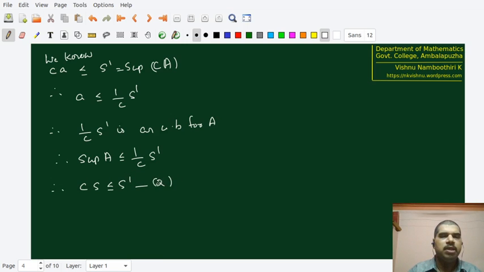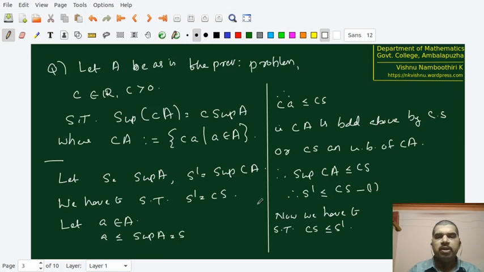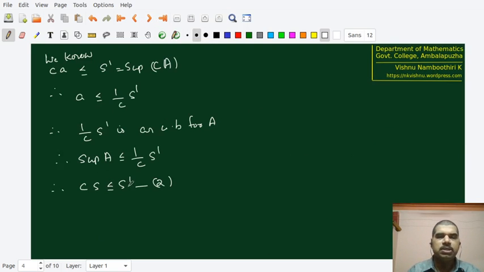This is inequality 2. Inequality 1 is S prime less than or equal to CS. Inequality 2 is CS less than or equal to S prime. So we established from 1 and 2 that CS equals S prime, or supremum of CA is equal to C times supremum of A.